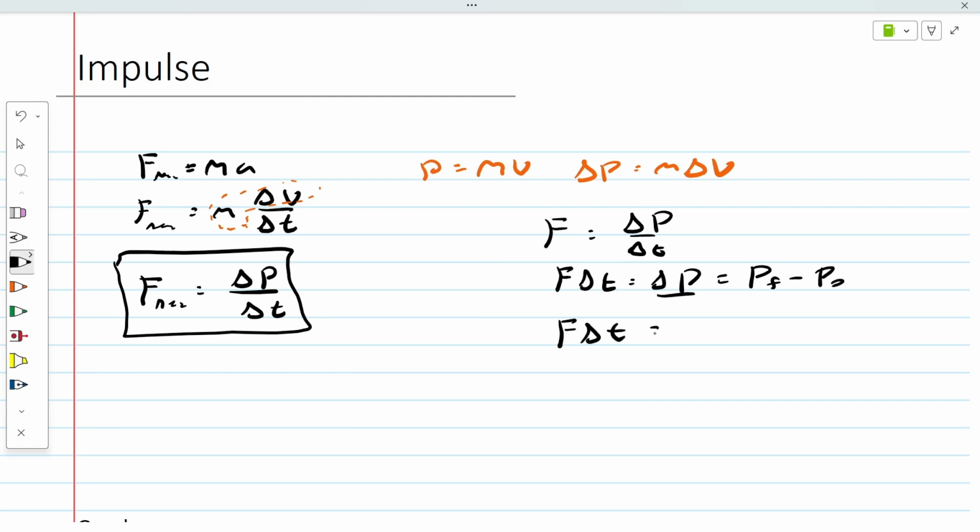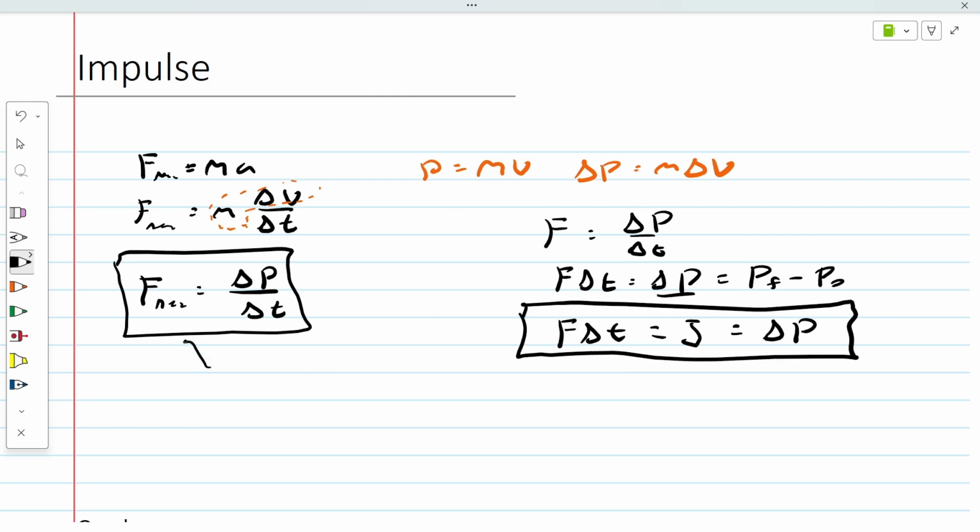And so we'll say that the force times the change in time is equal to the impulse, which we'll denote as J, which equals the change in momentum. So that is the other big equation, which is really saying pretty much the same thing as this, just giving this term a name.